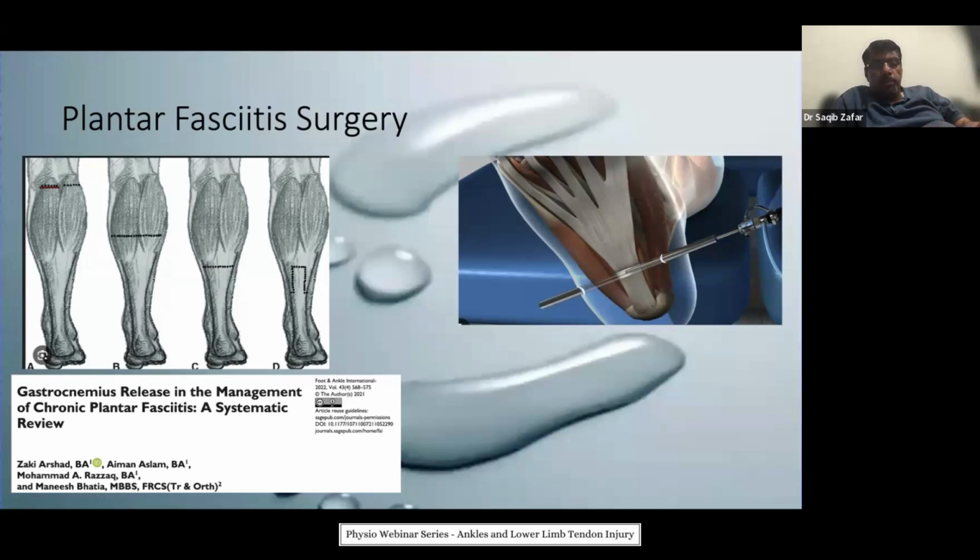And there's a systematic review published in 2021 in Foot and Ankle International that supported this evidence: the different types of gastrocnemius recession, which basically means lengthening of the gastrocnemius fascia, have a very positive impact on the plantar fascia. And that again supports the fact that the Achilles tendon is actually the driving force for plantar fasciitis.